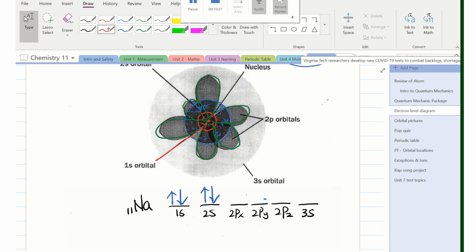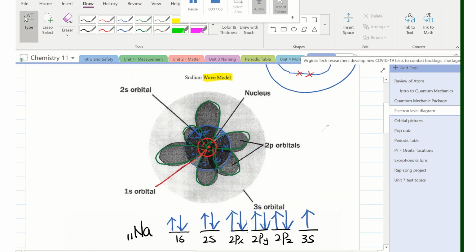For the px, py, pz, remember you have to fill in 1 each first. Just like people, they go into an empty seat first before they pair up, to reduce repulsion between electrons. And then that's 10 electrons, and the last one you fill in the 3s orbital.